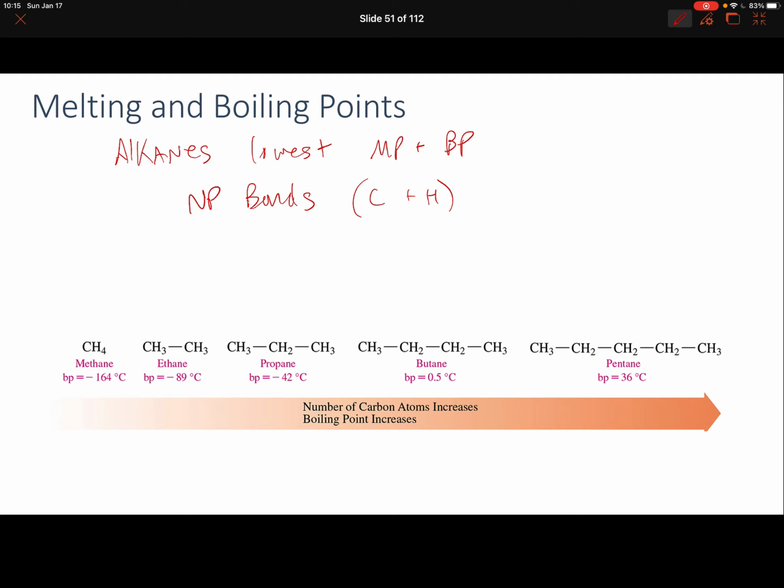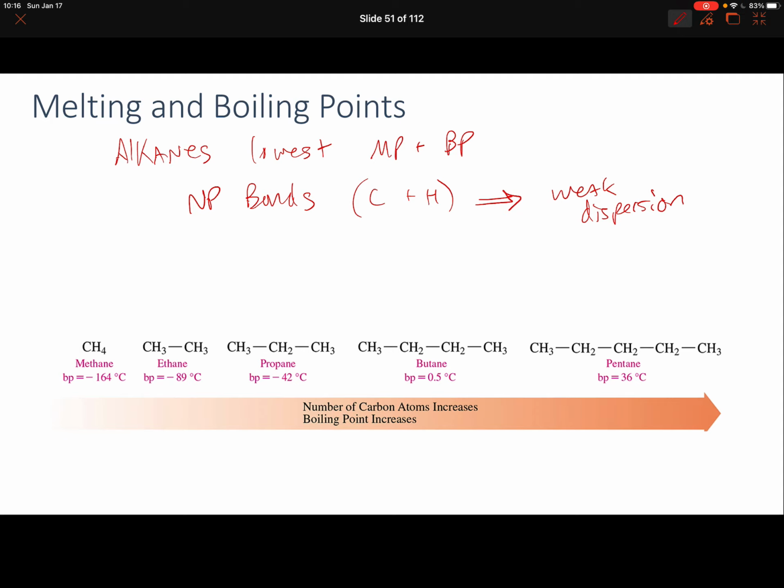So non-polar carbon-carbon and non-polar carbon-hydrogen bonds. And they have very weak dispersion forces. This is those intermolecular forces we were talking about. And when they have these weak forces in solid and liquid states, it makes them really easy to melt. It makes them really easy to evaporate.